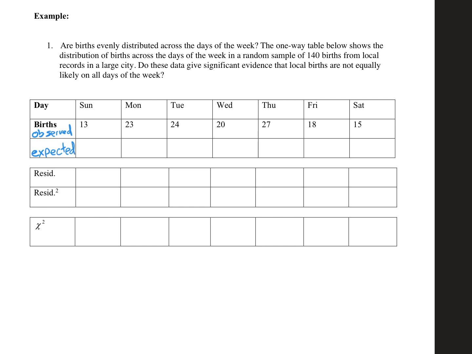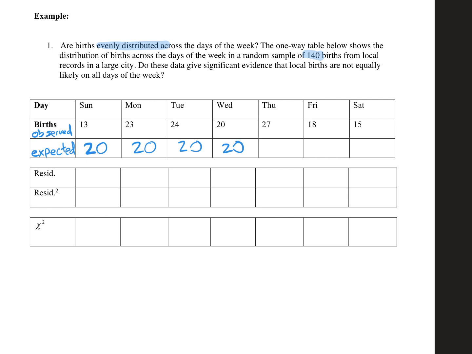Because they say evenly distributed, that just implies that every day would be the same number. And because there are 140 values total, and there's 7 days of the week, all of our expected values would be 20.